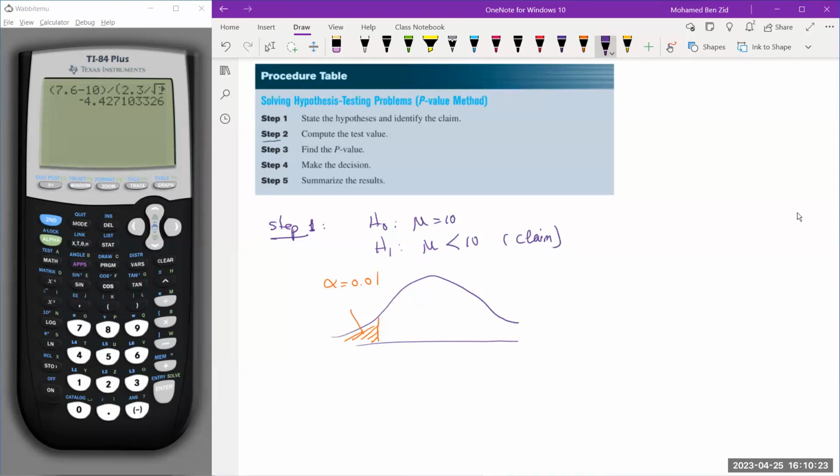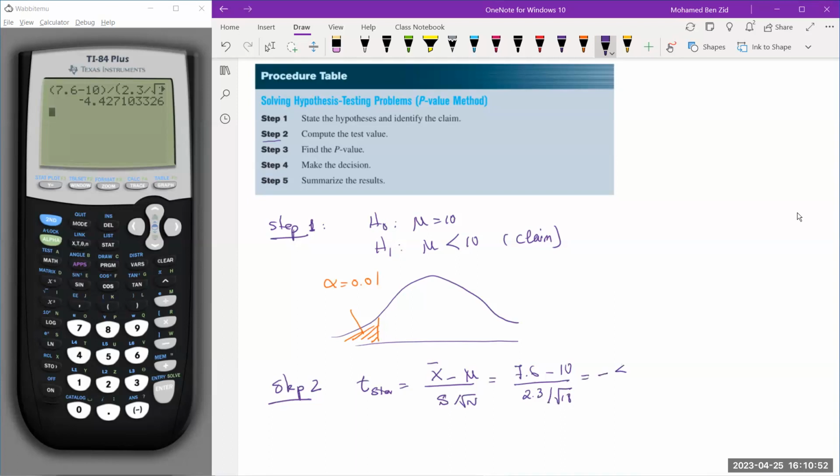Now, step number 2, compute the test value, right? So t-stat or test, we did it already, so it's going to be x bar minus the mean divided by s divided by radical n. And we have it there, that's going to be 7.6 minus 10 divided by 2.3 divided by radical 18.